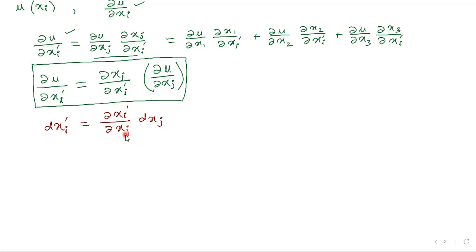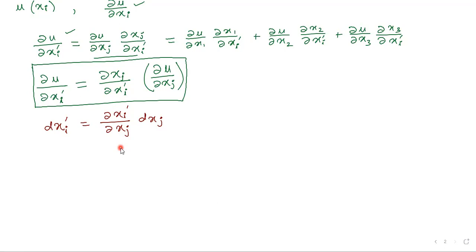Okay, so in general, what do we have now? In general, we have two possible definitions of a vector when we consider general coordinate transformations.